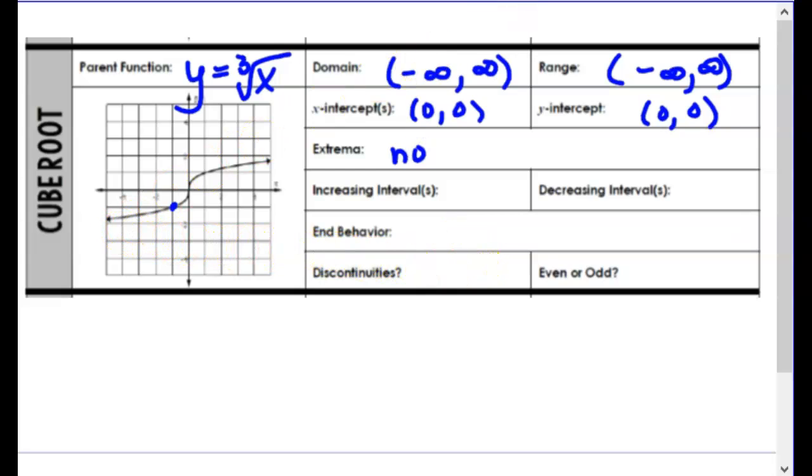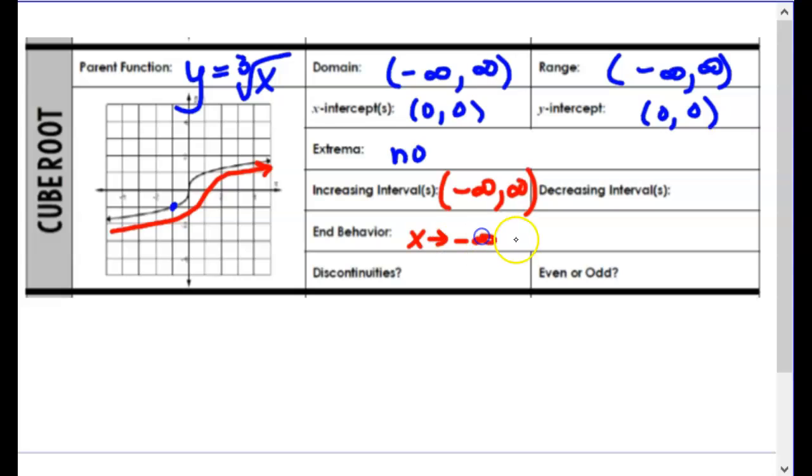And what do you think about increasing, decreasing? Yes, it is increasing the whole time. Whoops. Yes, that's what I meant to write. It is very, very slow, but on the left, it is going down ever so slightly.